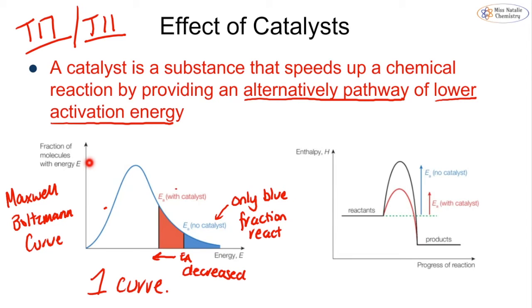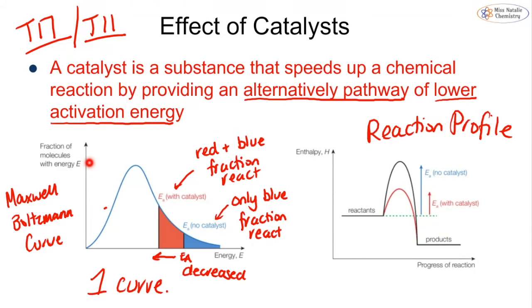And then what happens with the catalyst now is the red and the blue fraction have the required activation energy in order to react. So again, we're increasing the fraction of particles that have the required activation energy, so you get more successful collisions.